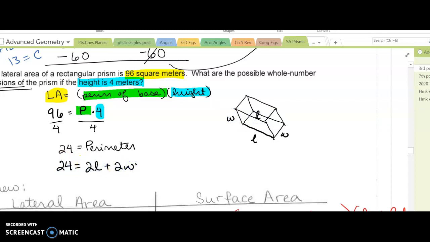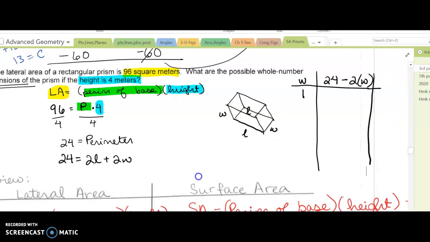So it's just a matter, guys, of finding the different combinations. I'm just going to plug these in. If W is 1, then this would be 24 minus 2 of those 1's, right? 2 of whatever W is, and that would tell me what my L is.